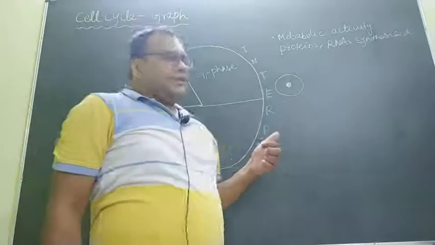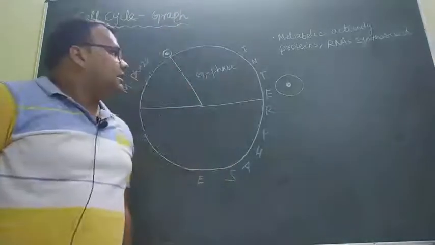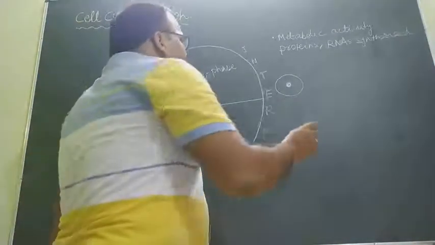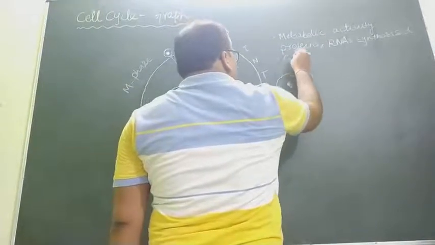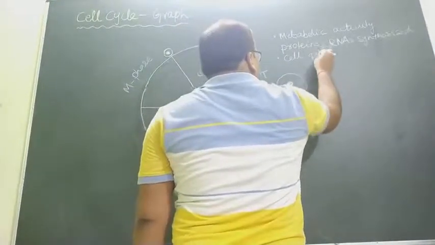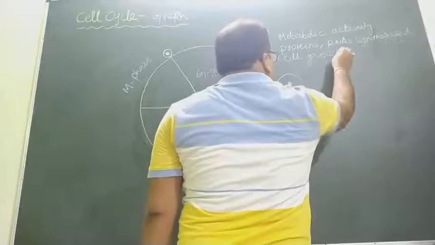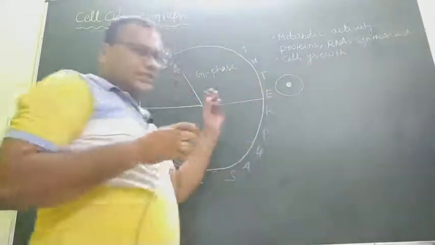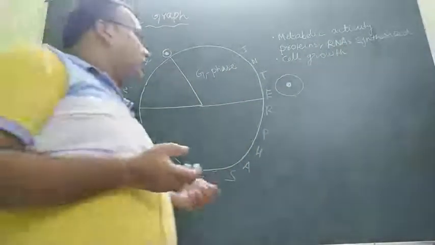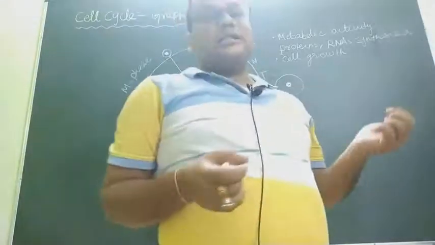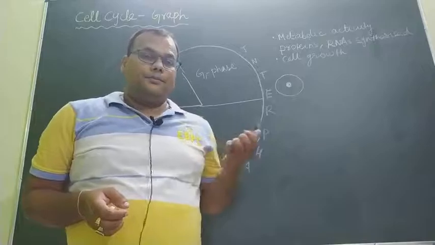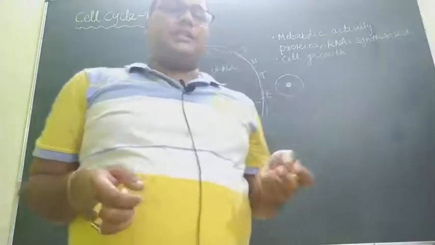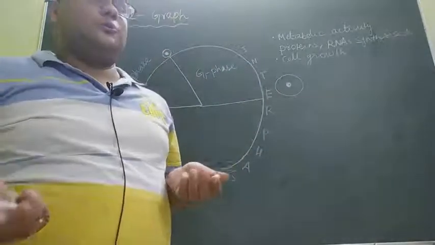In this G1 phase, the cell size increases, so cell growth takes place. जब सेल अपना साइज इंक्रीज कर रहा होता है, then a large number of organelles are also synthesized, and organelle duplication also takes place.